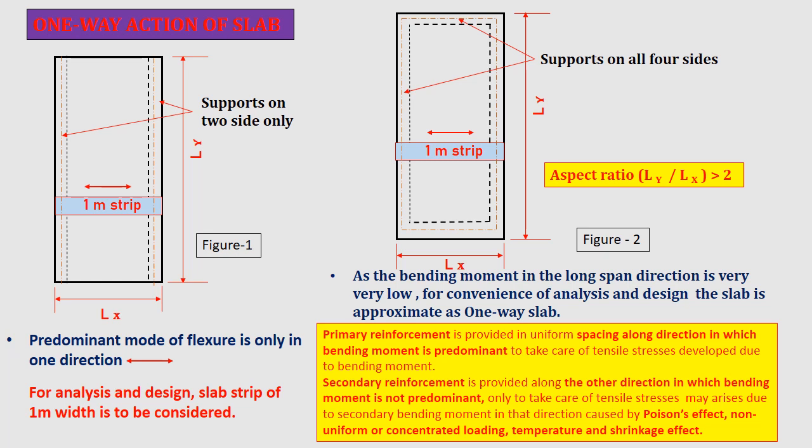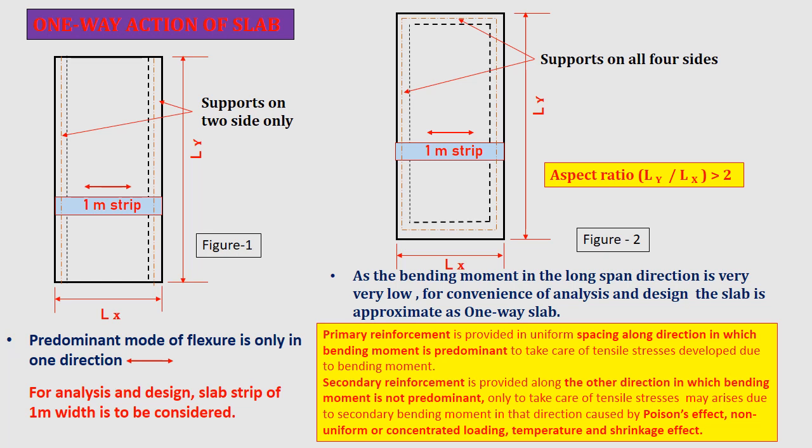Now in figure 2 you see a slab which is supported on its four sides and the ratio of longer span to shorter span is greater than 2. For this type of slab, the bending moment will develop in the shorter direction as well as in the longer direction. But as the ratio of longer side to shorter side is greater than 2, the bending moment developed in the longer direction will be very small compared to that in the shorter direction.